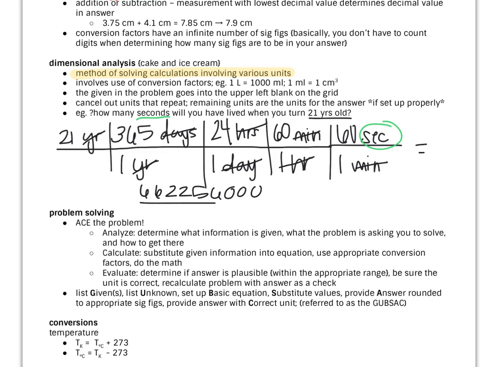And if we multiplied everything across the bottom, we get 1. Okay, so we know that answer is just this number on the top. And we're going to use our unit, which is seconds. So by the time that we are 21 years old, we've only lived 662,256,000 seconds. Doesn't sound like that many, but it's a pretty big number.